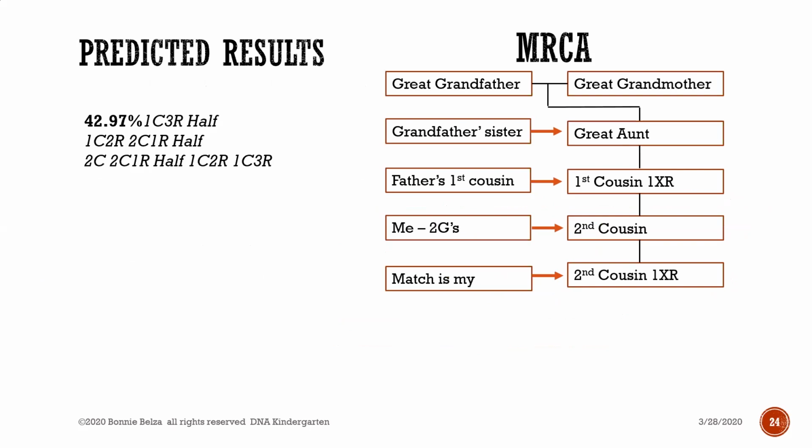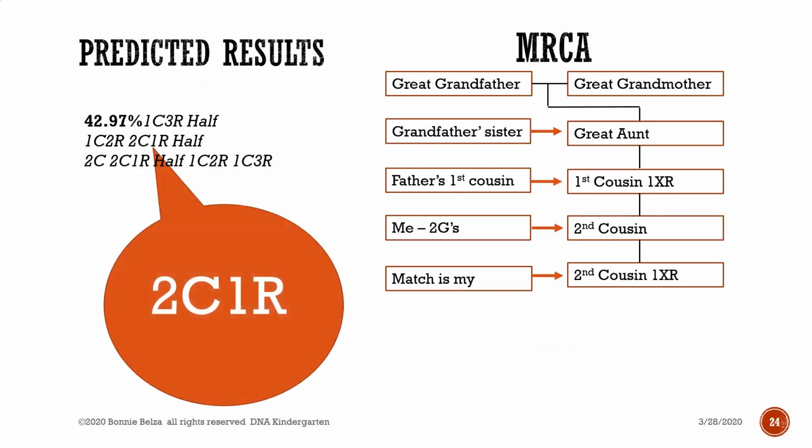So while the predicted results showed that we were 43% one of these relationships, the actual relationship was one of the predicted results. He is my second cousin, once removed. He and I share, as you see on the top of the chart on the right side, great grandparents. We both are descended from my paternal side, great grandfather and great grandmother.